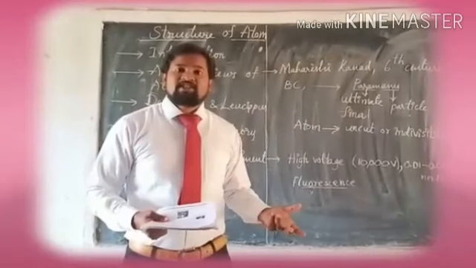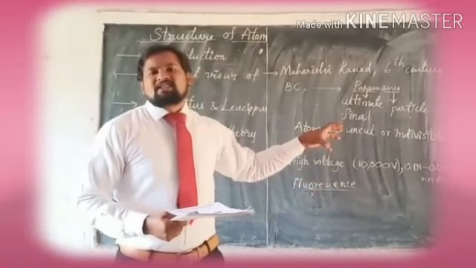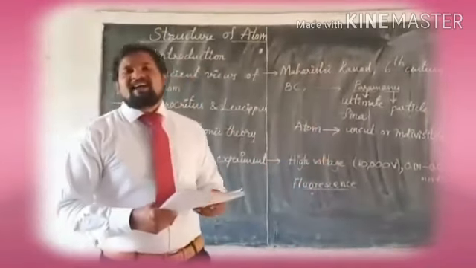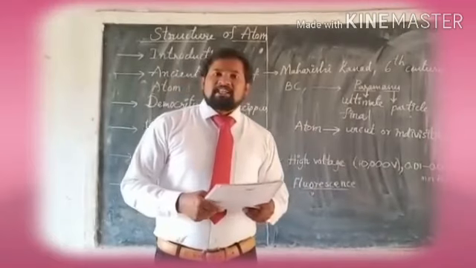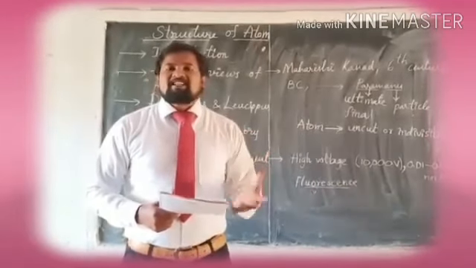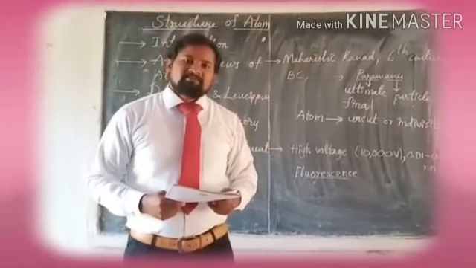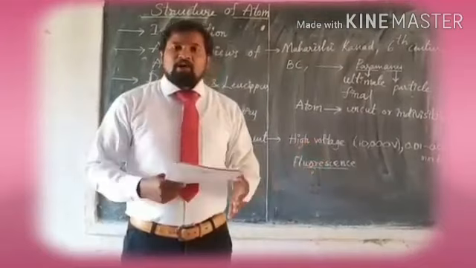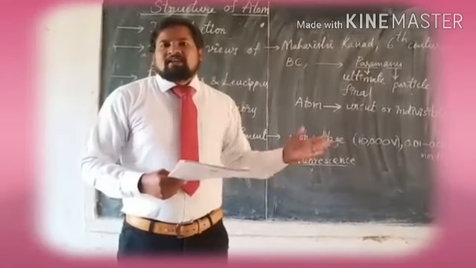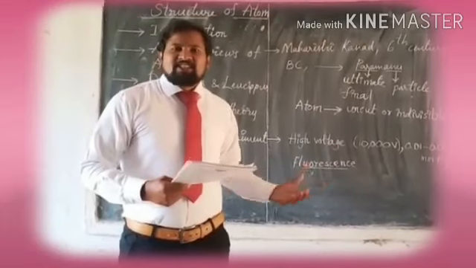That means here we can understand some charged particles are present in these cathode rays. Then only is it possible to respond to the magnetic field or the electric field. Okay, further about these cathode rays and the particles present in them we can study in the next video.